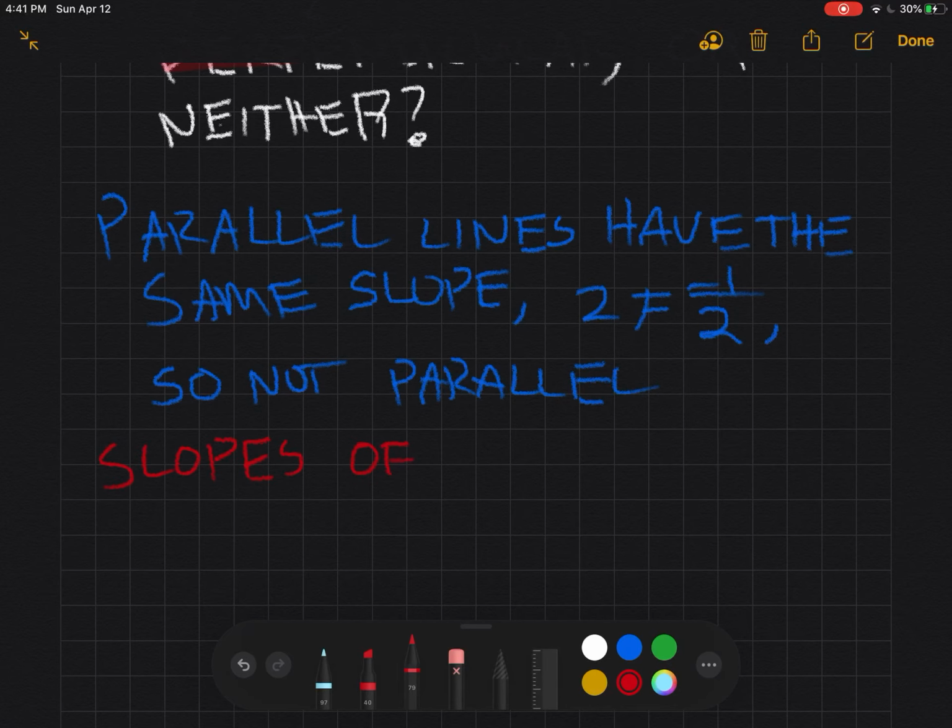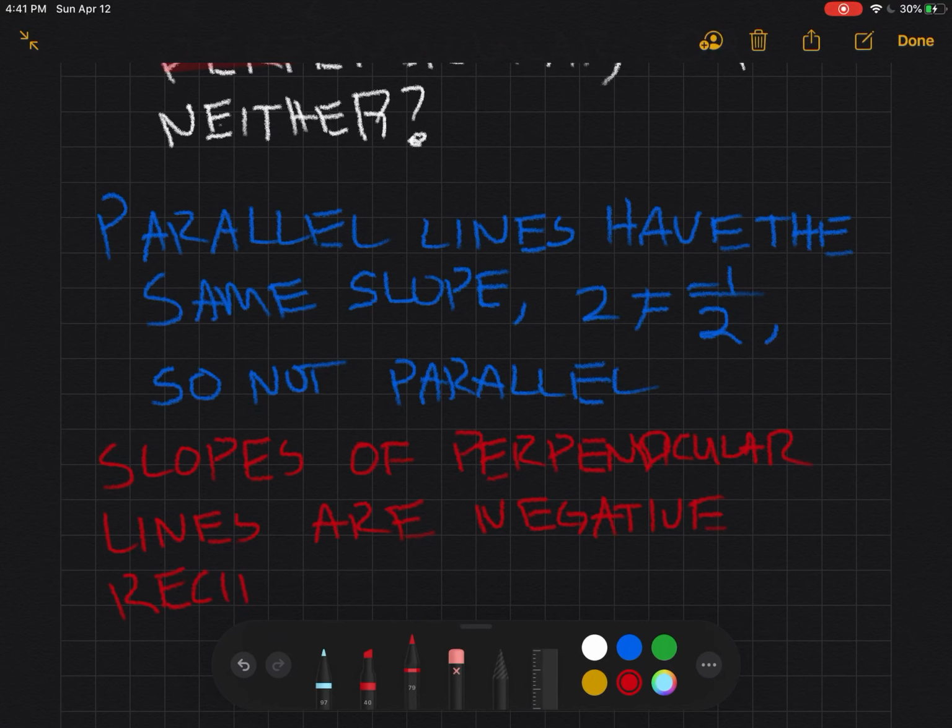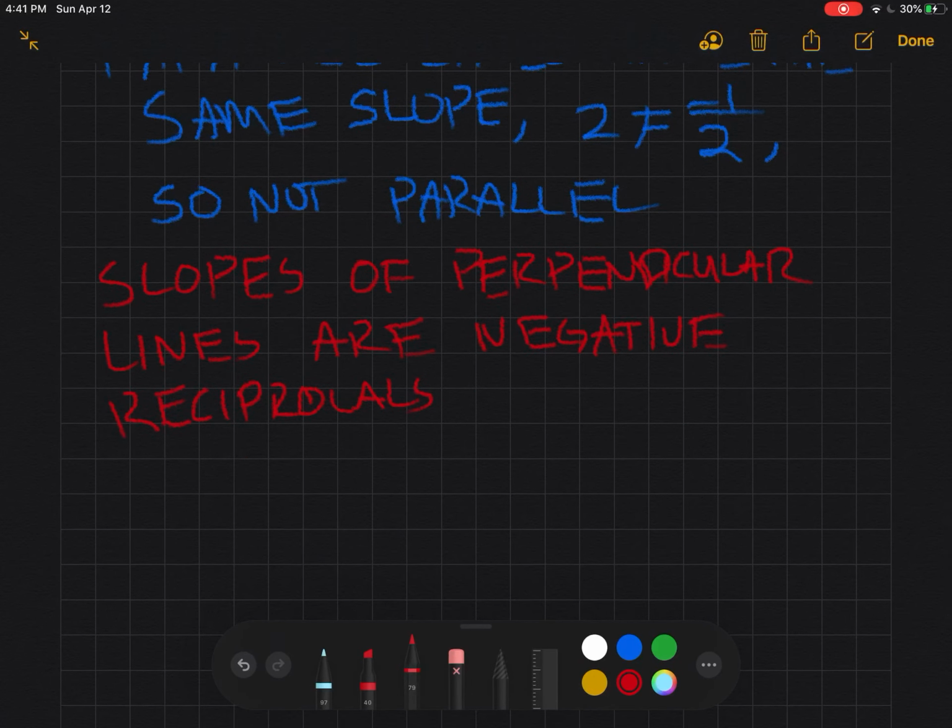And then let's go ahead and check if they're perpendicular or not. Now we want to know if they're perpendicular or not. The slopes of perpendicular lines are negative reciprocals. So let's check that.